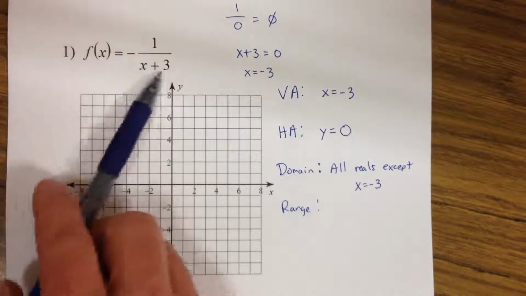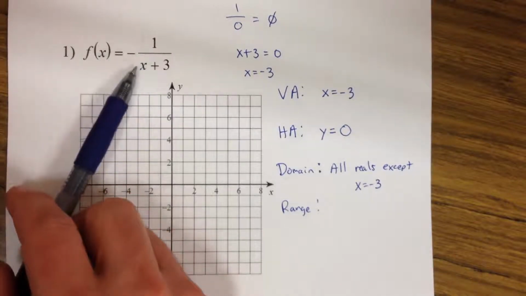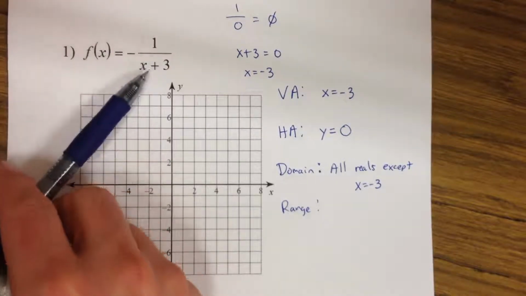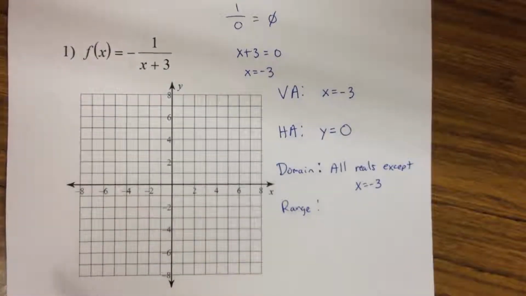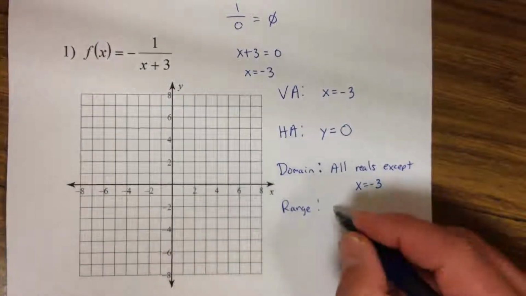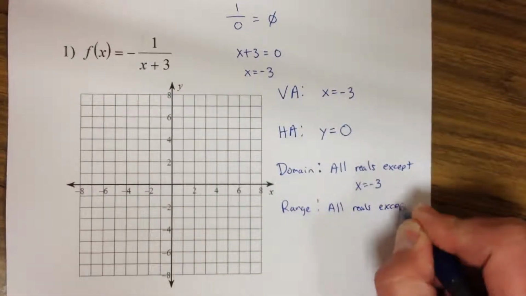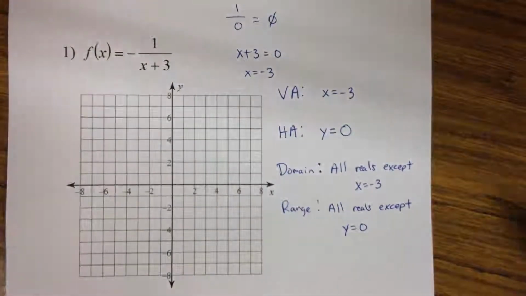If I plug in anything other than negative 3, you're always going to have a number. So you're going to have 1 divided by a number, and 1 divided by a number is always another number. It's never equal to 0. So just think about that for a second. So this is going to be all reals except y equals 0. So we have that all figured out.